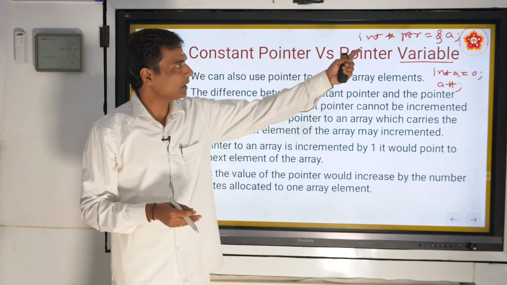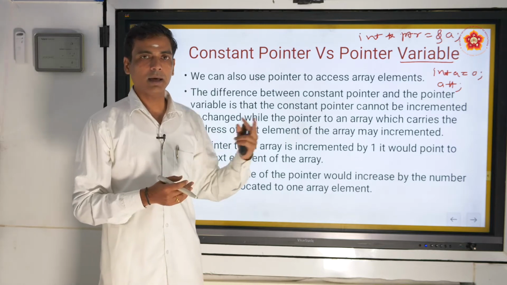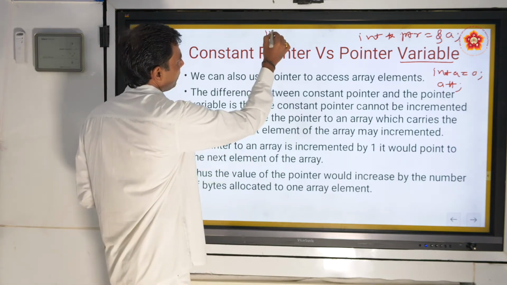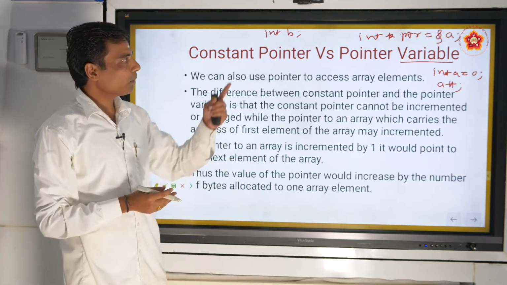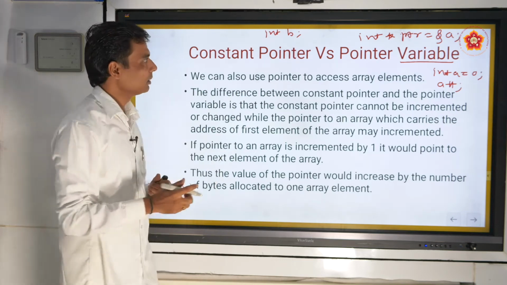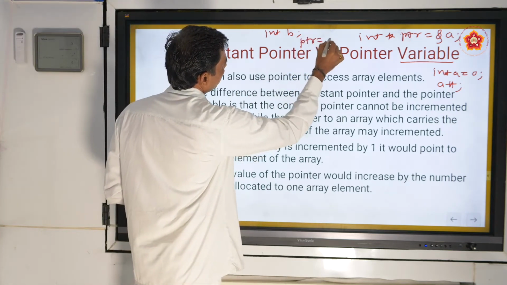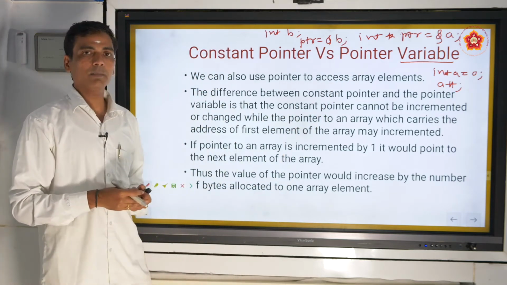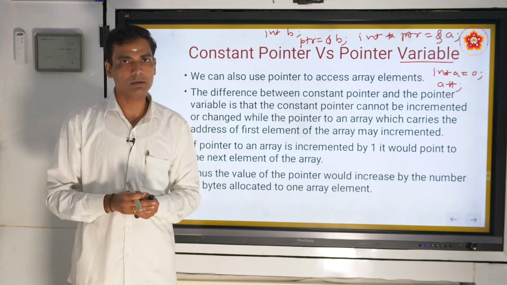Right now this ptr is holding the address of a. Then suppose I have another variable, say int b, so I can make the pointer ptr point to b. That means again I have to assign the address of b to the pointer. So the pointer variable can point to any integer variable in that program, in that scope.